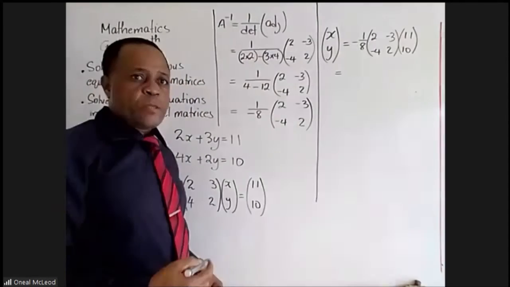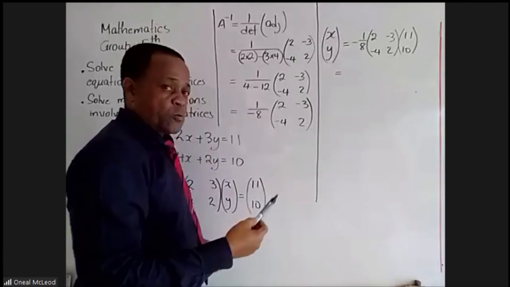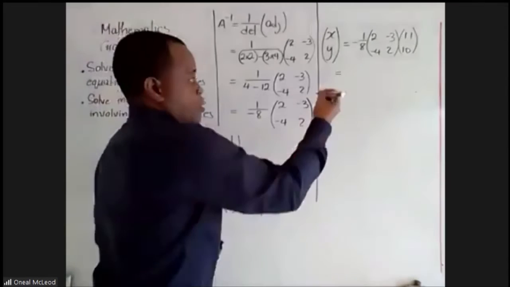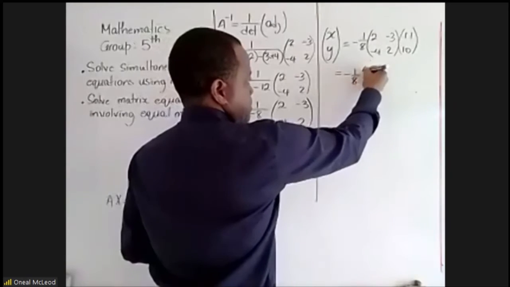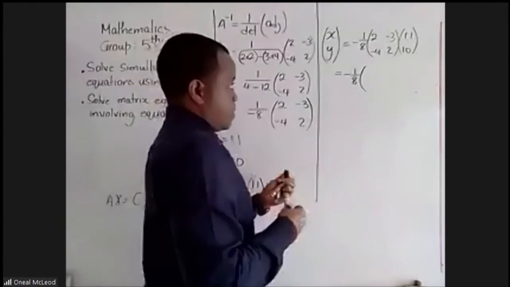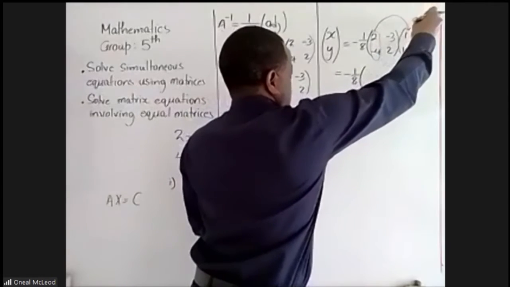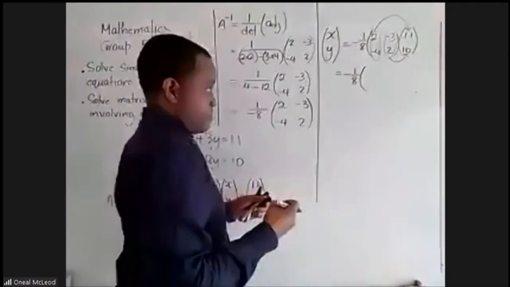Now, we're not going to trouble our -1/8 just yet because we really don't want to create any problem as it relates to fractions inside there. So we're going to take down that -1/8, using the distributive law. We're going to map that to 11, and these will be mapped to 10.